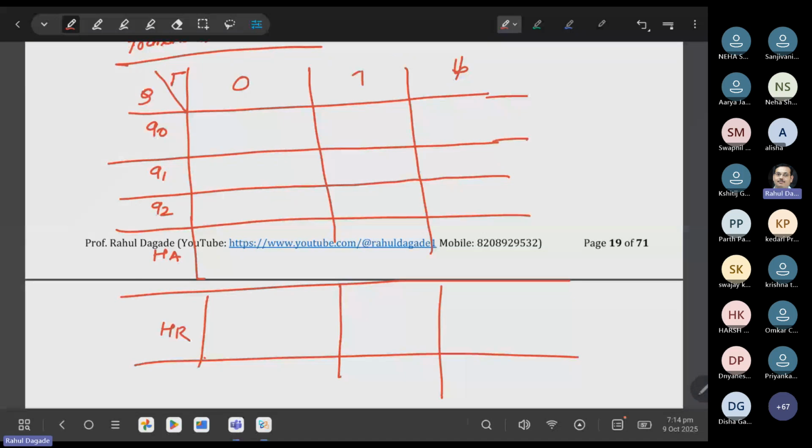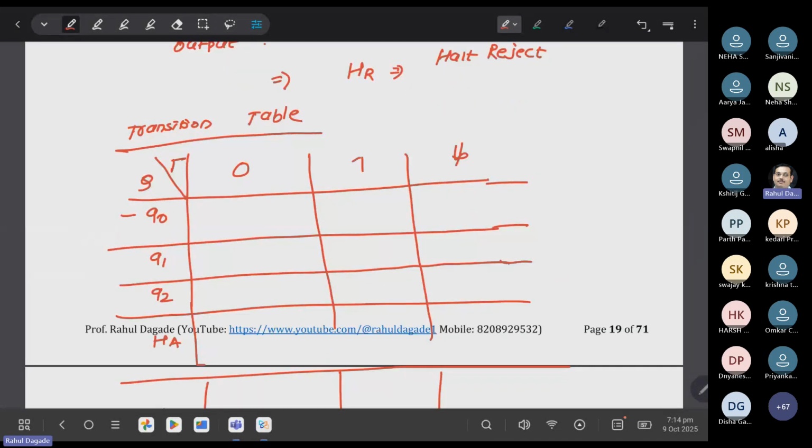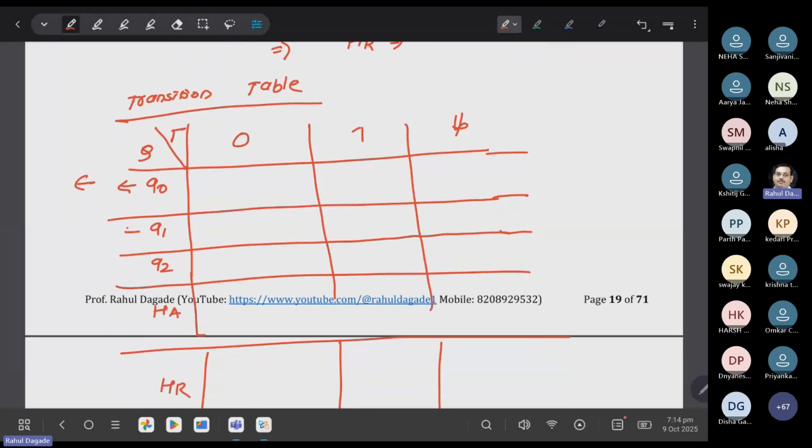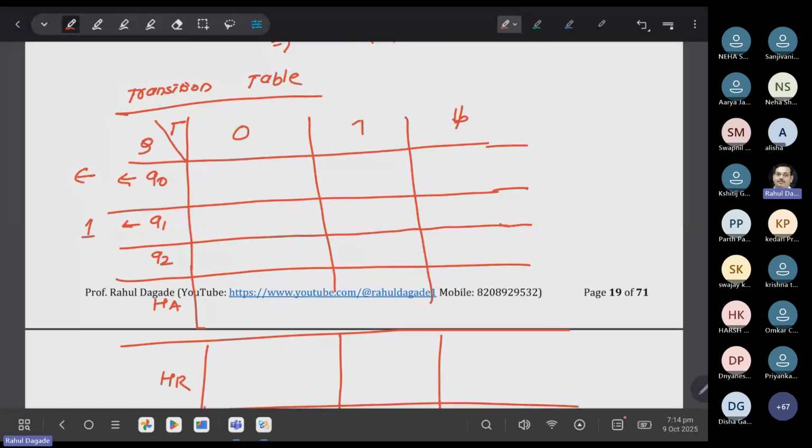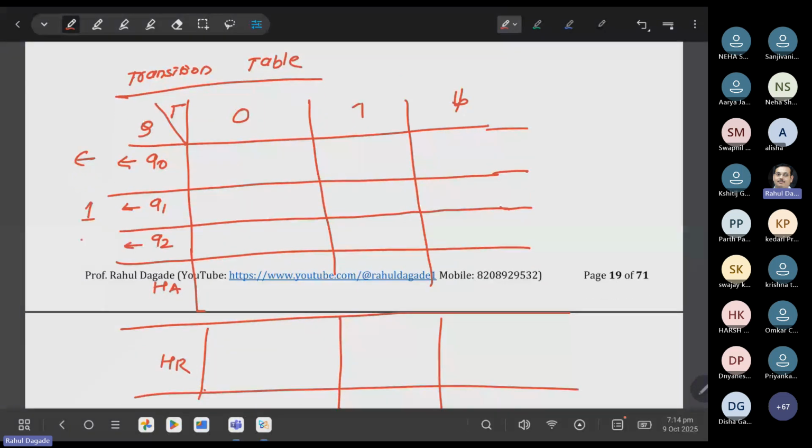What is Q0 indicating in this case? Q0 state is indicating I have no input, null. Q1 indicates that out of 1 0 I have 1. Q2 state indicates out of 1 0 I have 1 0. After Q2, if I get the blank, then I go to the accept.